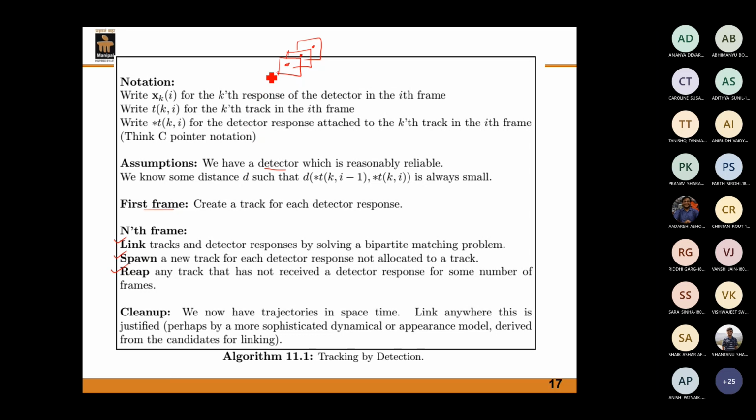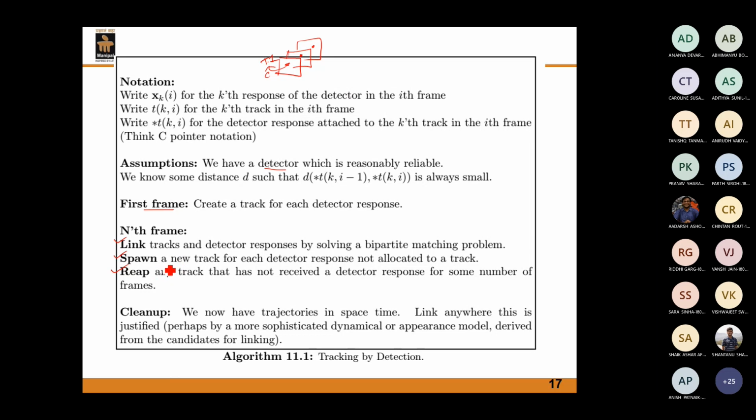So if you have a particular track, let's say track 1 over here, and you have a response, we can allocate this response to the track with the help of some kind of cost function. That method is known as link.